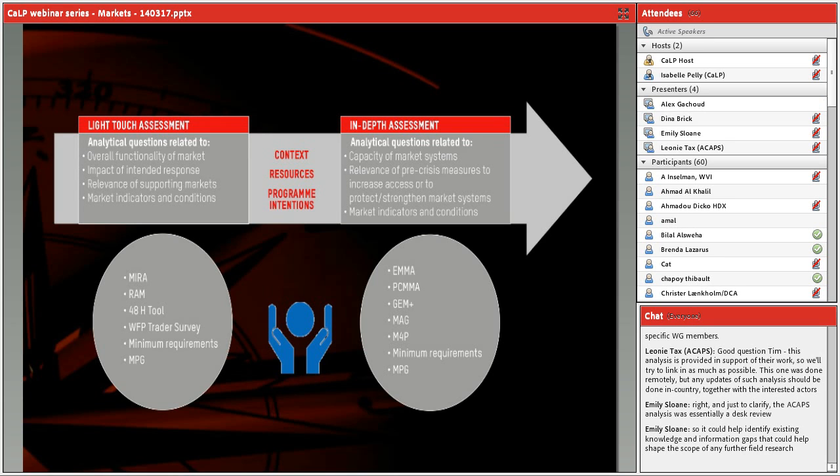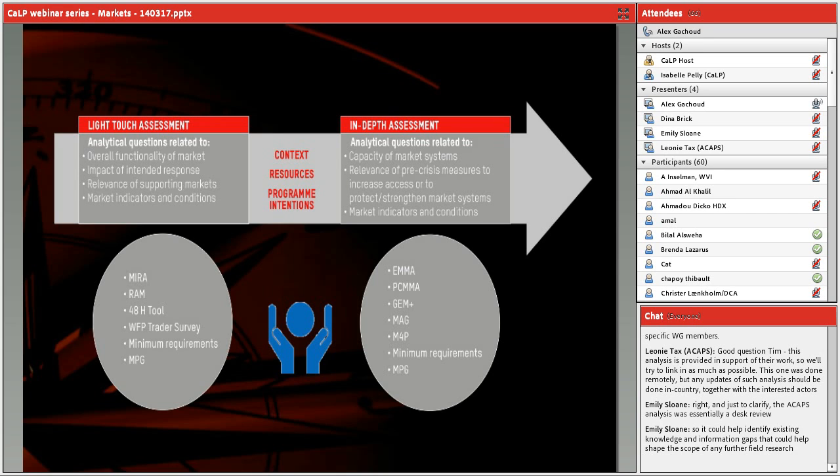elements of this. And if we want to have a more in-depth understanding of the market systems, if we're interested in the systems, not only the marketplace, there are other tools that can be used. So the emergency market mapping analysis, EMMA, this one is pretty much known.